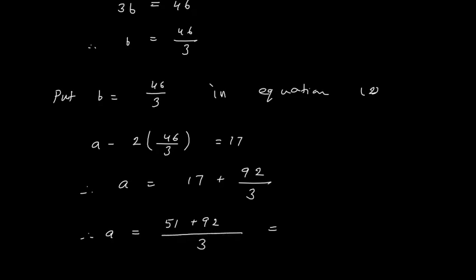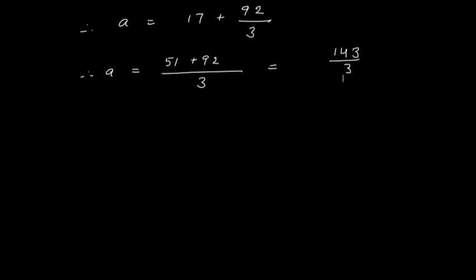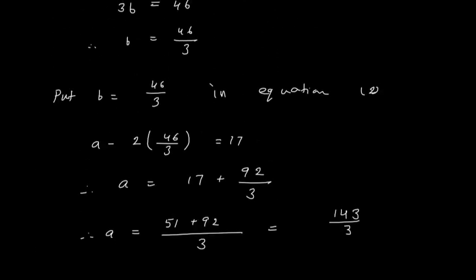This is your answer. So therefore I will say the mirror image, a dash, is 143 upon 3 comma 46 upon 3.